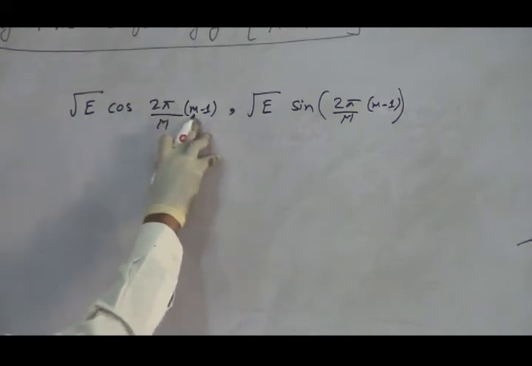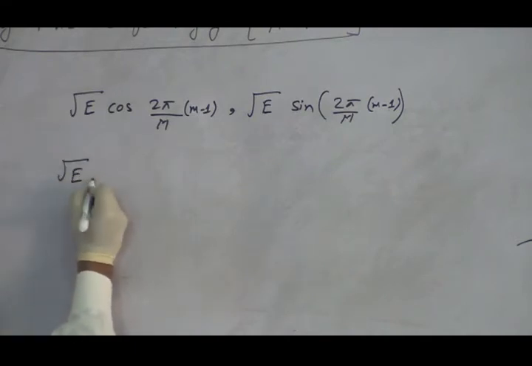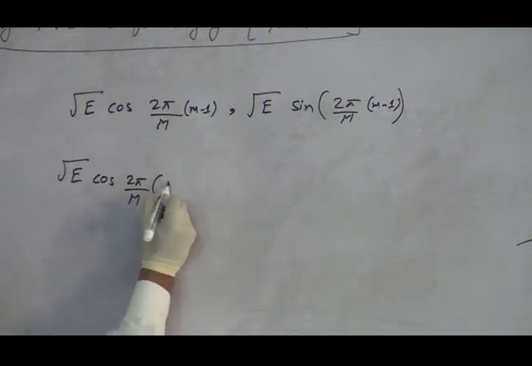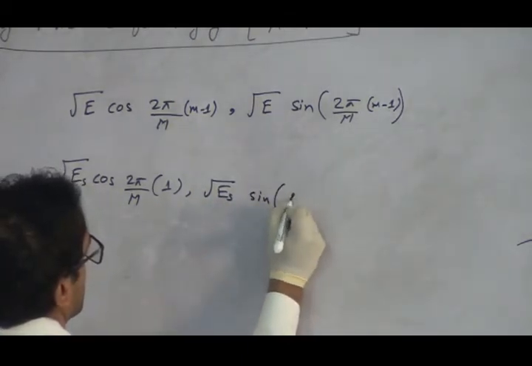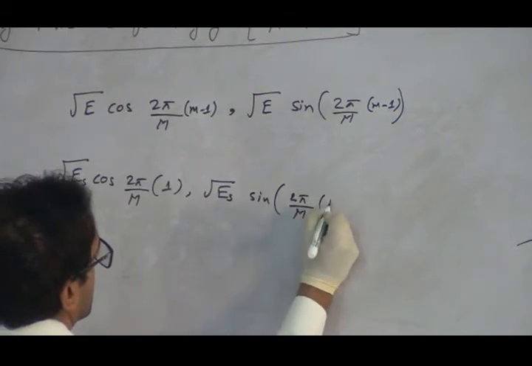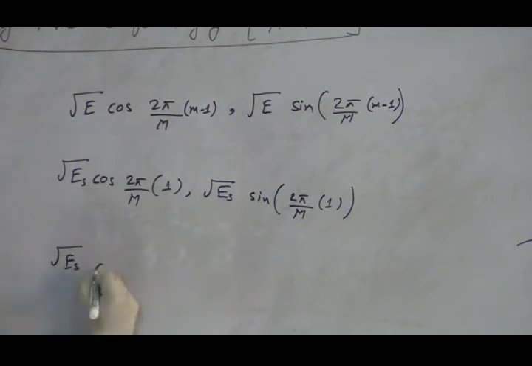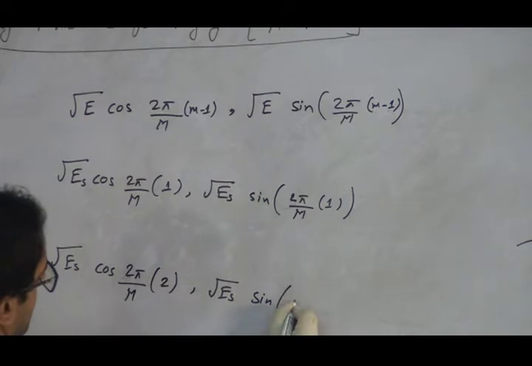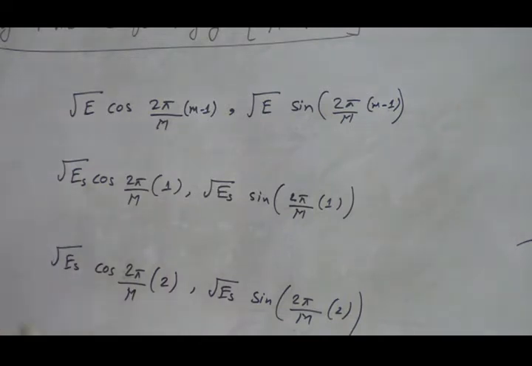So if you substitute m equivalent to 2 and 3 there, you will end up getting the 2 points as under root E cos 2 pi by M 1, and the other point as this, right?